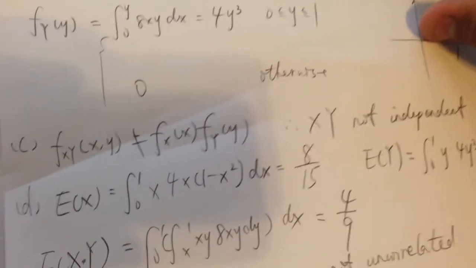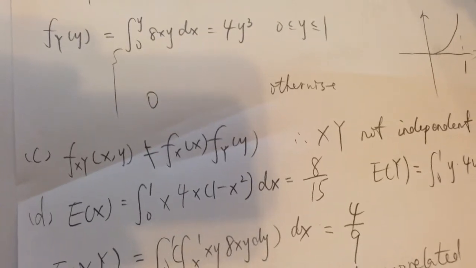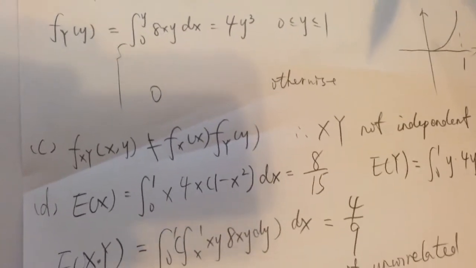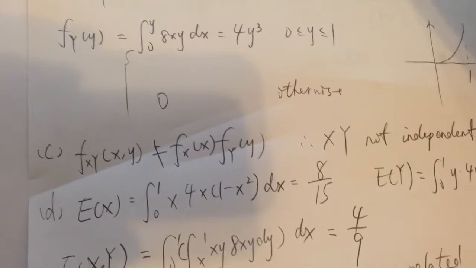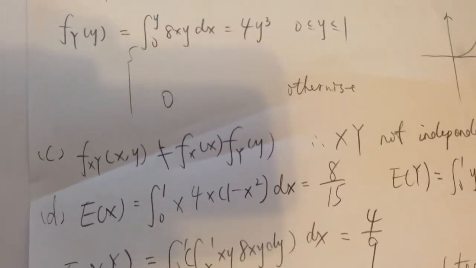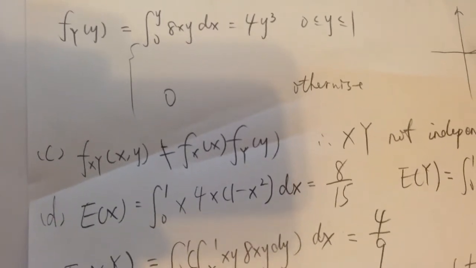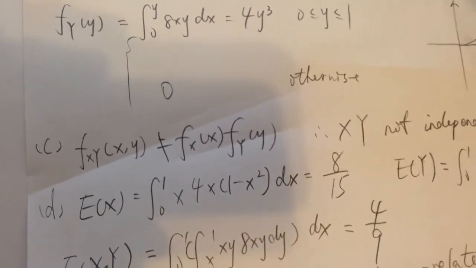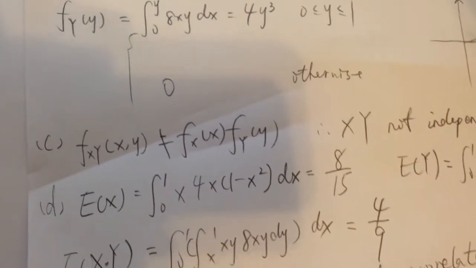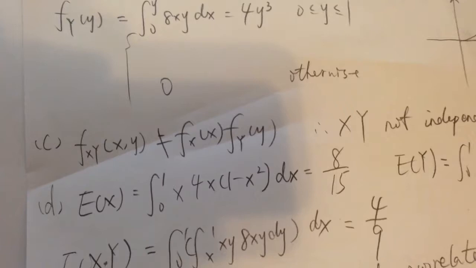And we look at the fourth question. Find the expectation of x. Here, the expectation of x equals the integral of x times f_X, where x is from 0 to 1. So we integrate and we get the answer 8 over 15.